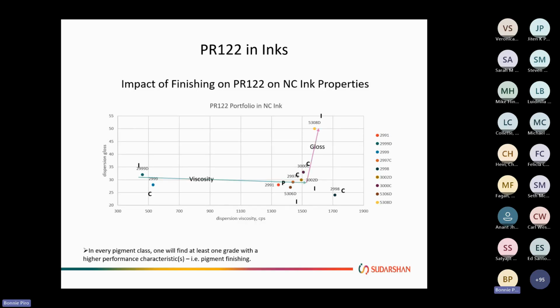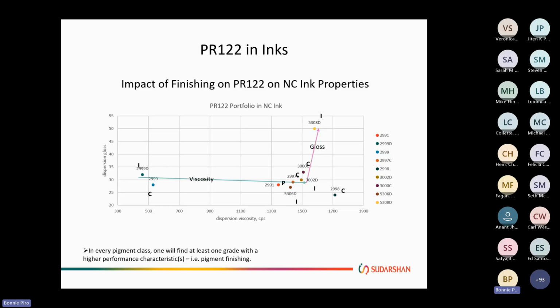From a property perspective, we're looking here at gloss development and viscosity in the same formulation. So again, those choices that were selected for that particular product do and can impact the physical properties of those particular products.